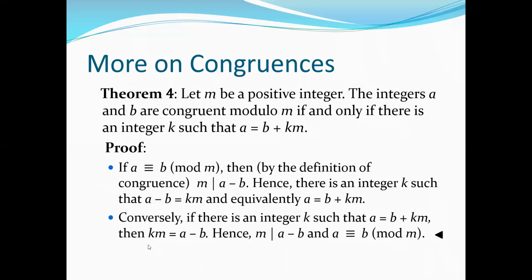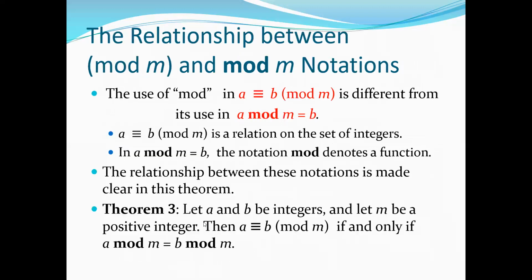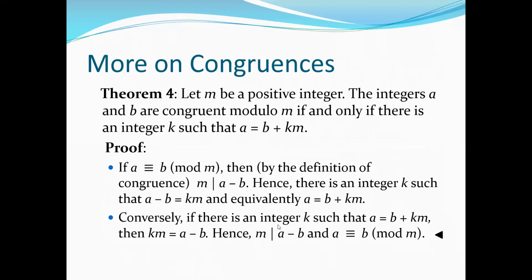Based on the definition of divisibility, any integer multiplied to m gives a certain value, therefore m divides that value, which is a minus b. So that's how we prove theorem number 4.